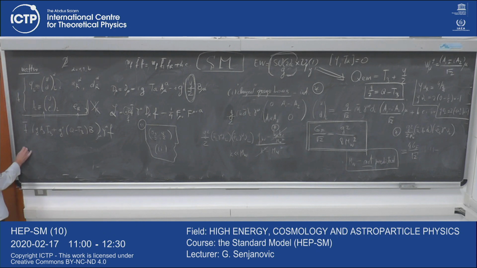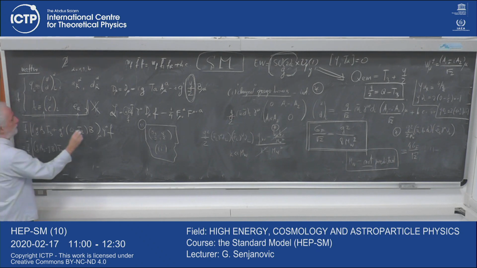So look, this will be F bar. Let me take these pieces. I have G A3 minus G prime B times T3, you agree? Plus G prime Q B mu.